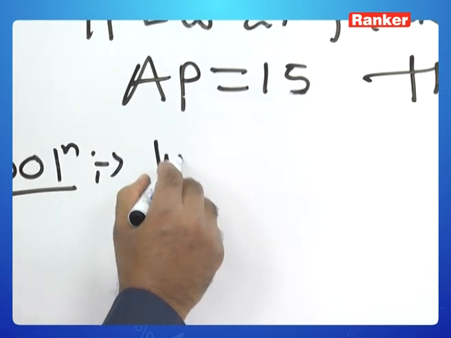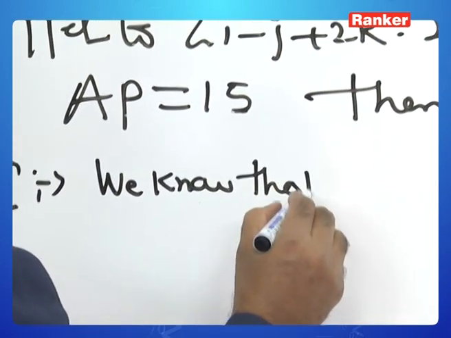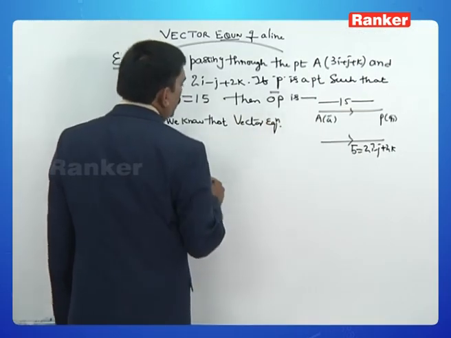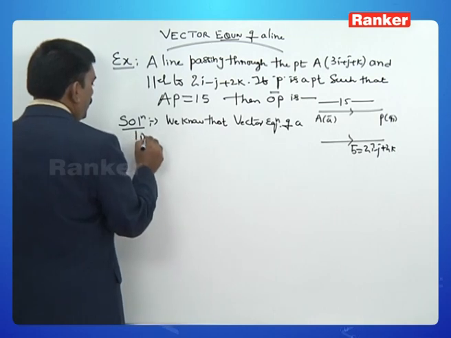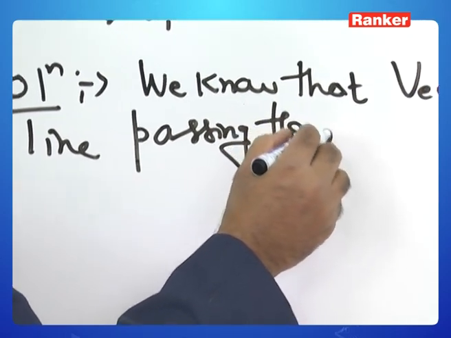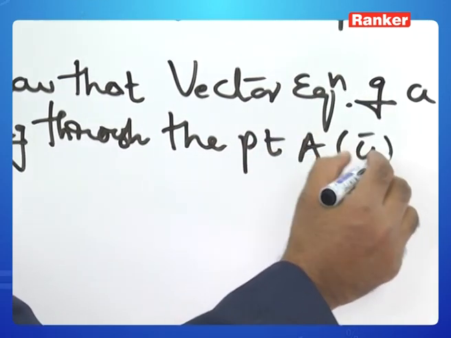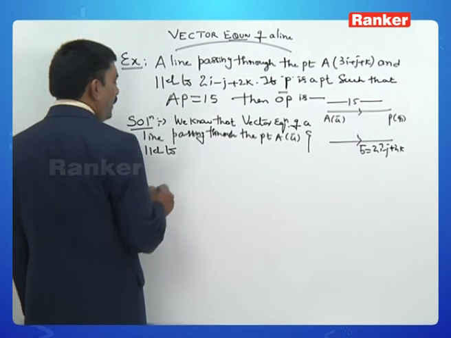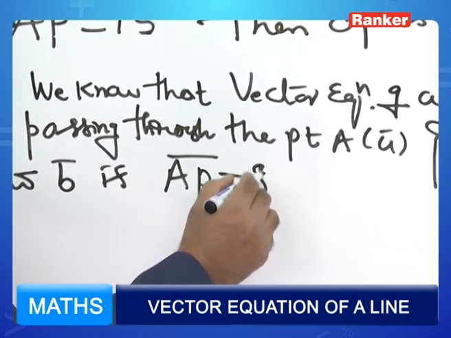We know that the vector equation of a line passing through the point A of A bar and parallel to B bar is AP bar is equal to s into B bar.